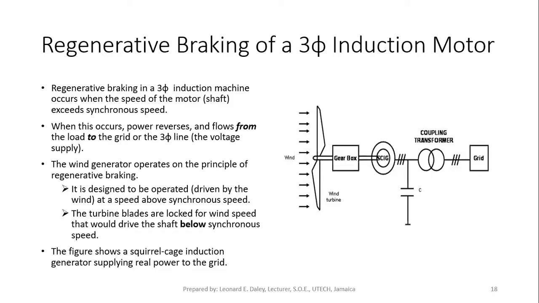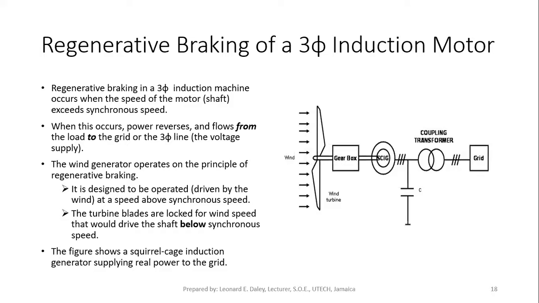And the basic principle of operation is that the motor normally would be operating at a particular speed. Let's call that rated speed. But somehow it is driven past rated speed and now acts above that speed.